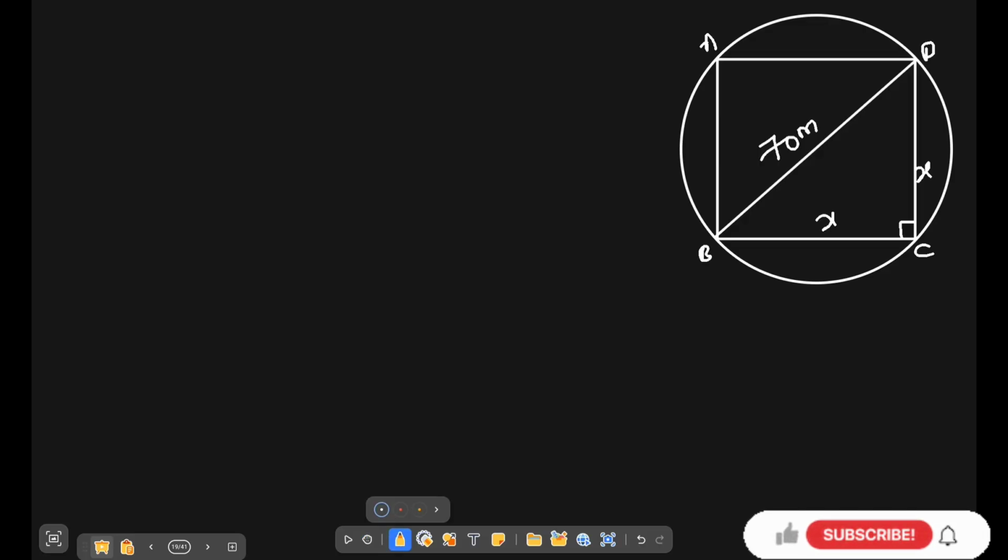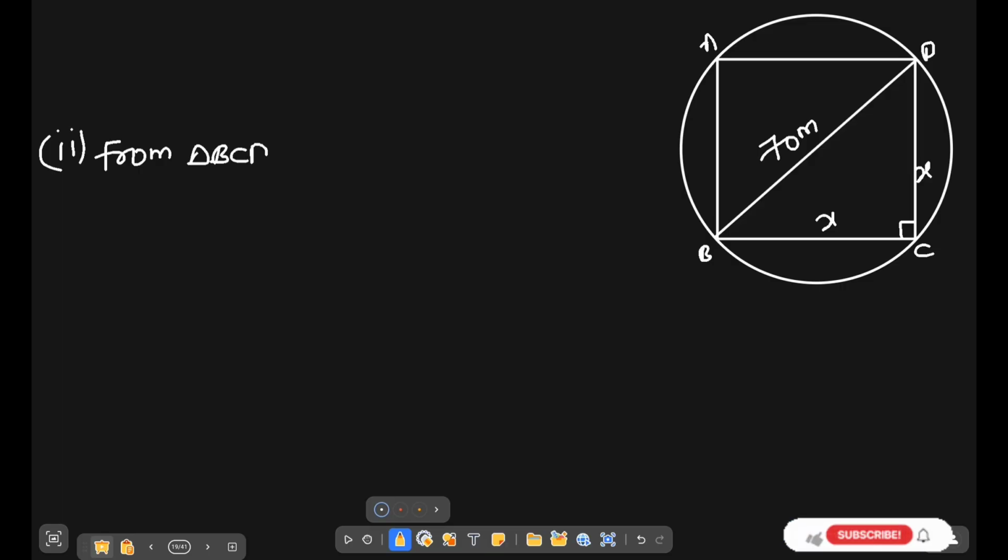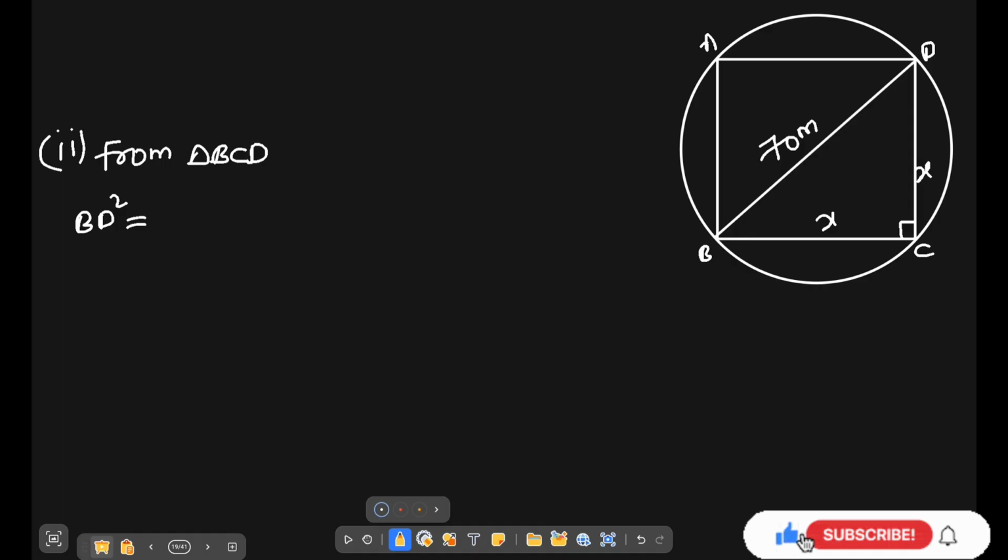So what is the second question? The second question is the length of each side of the square. So here, take triangle BCD and apply the Pythagoras theorem. The square of the hypotenuse BD is equal to the sum of the squares of the other two sides, BC square plus CD square.